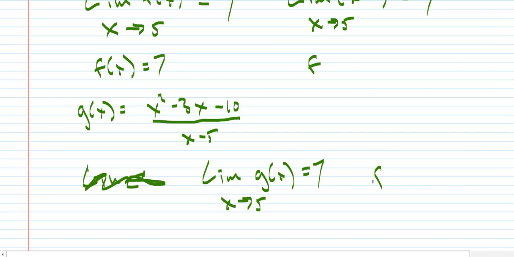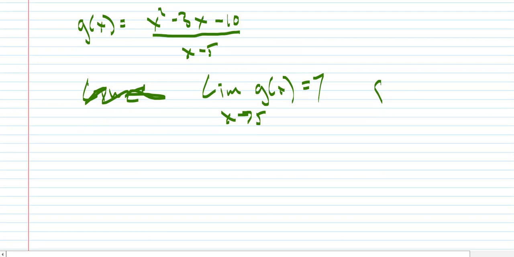However, the function value g of 5 does not exist. There is no function value. So the limit is 7 as x approaches 5, but at 5 it does not exist.